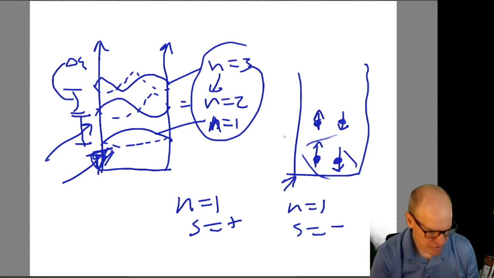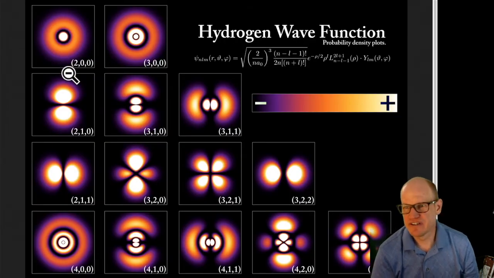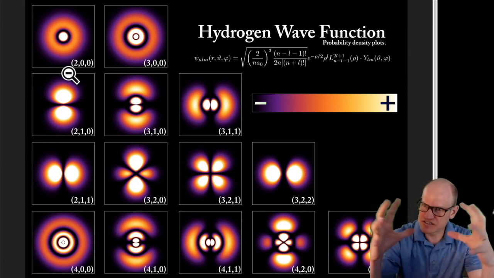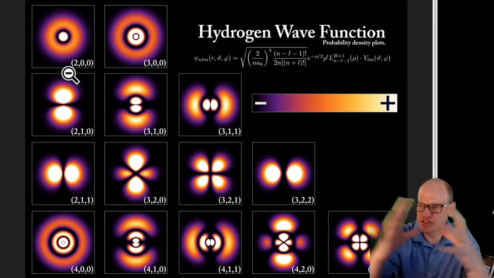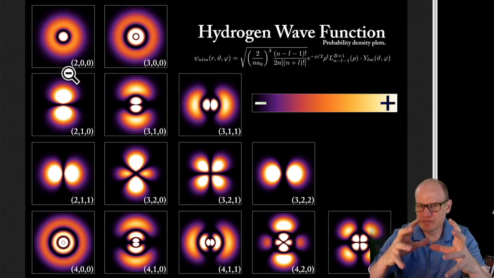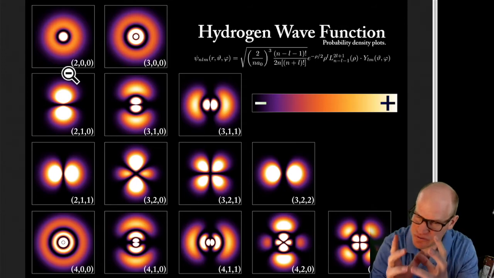Well, that's what's going on here with these electron orbitals. When you have the spherical shell of an electron orbital where the wave is radial, the oscillations are in the radial direction, then you can have two electrons that occupy that energy level.